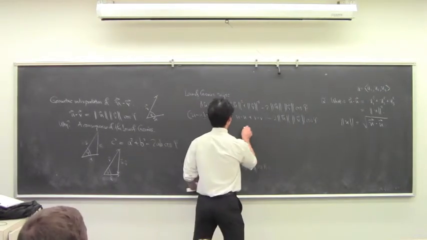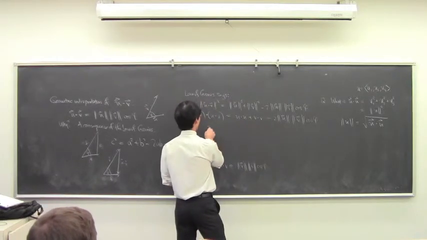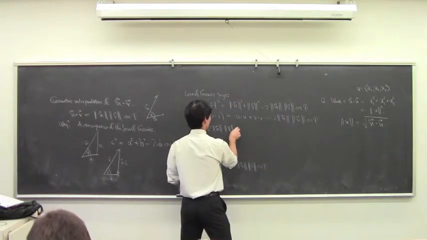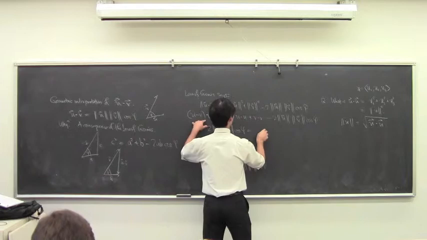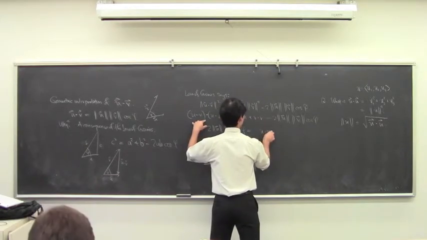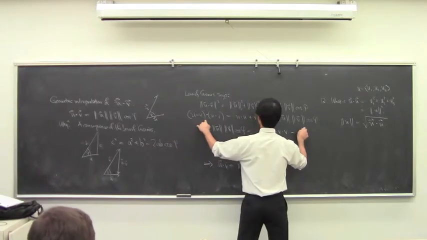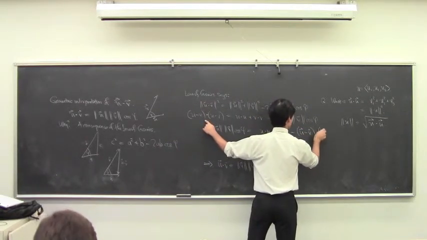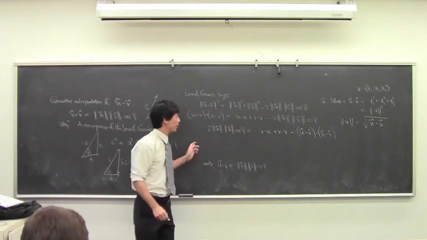Okay, so let's put that on the left side. 2, and I'll move this guy to the other side. So u dot u plus v dot v minus u minus v dot u minus v. You can divide that too.